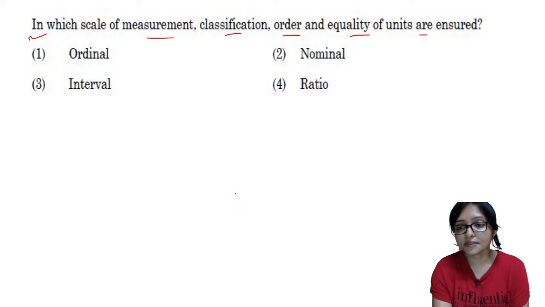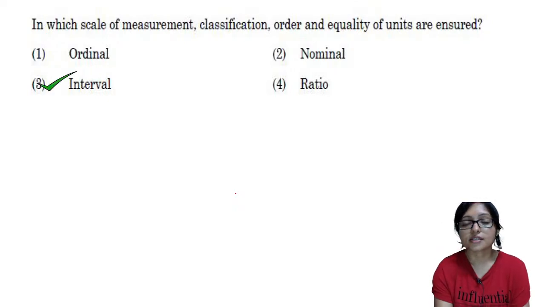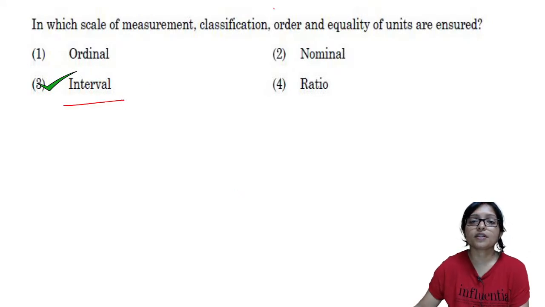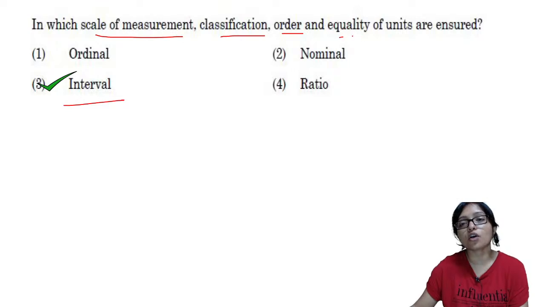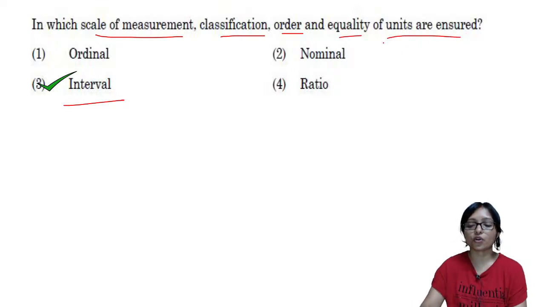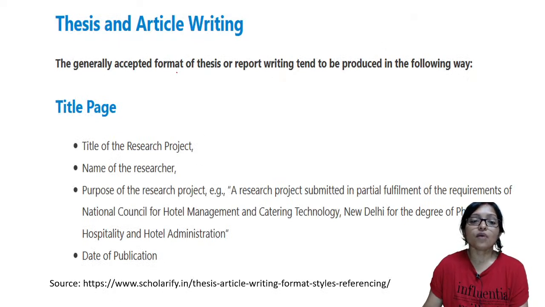What will be the answer? Yes, here the answer is interval, because here your scale measurement, classification, order, quality, unit are ensured, that is an interval scale only. Now it is coming to the thesis and the article writing.